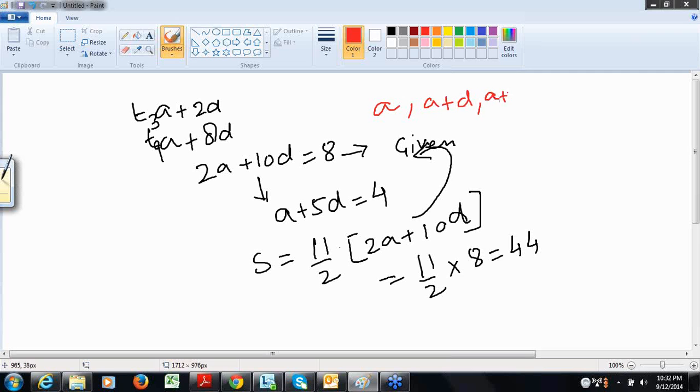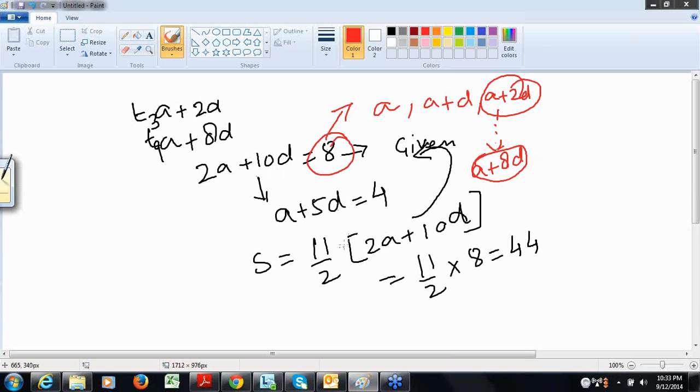The third term will be a plus 2d. Similarly, the ninth term will be a plus 8d. The sum of the ninth and third term is given to be 8. So a plus 2d plus a plus 8d, so 2a plus 10d is given to be 8.